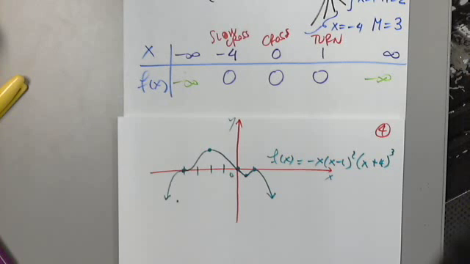So I don't know. I'm going to say 100 with a scale of 20. I don't know if this is good enough. We're going to try. Okay. Still not good enough to see that maximum. Not good enough to see this.